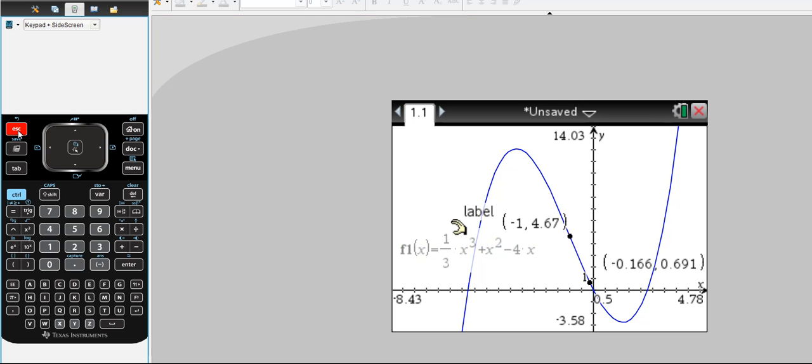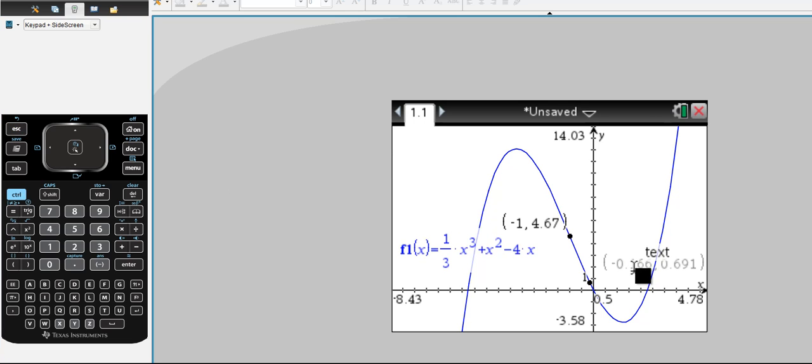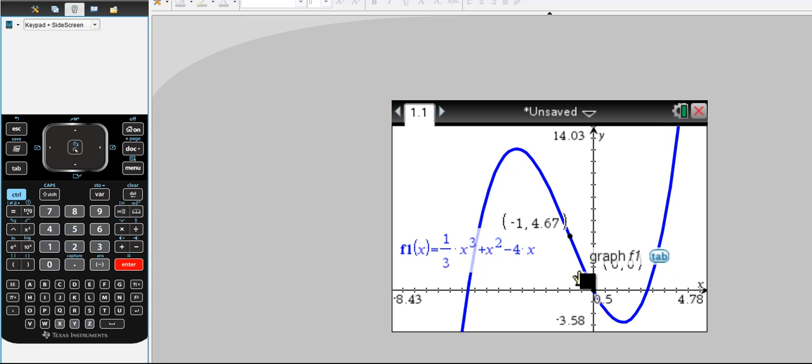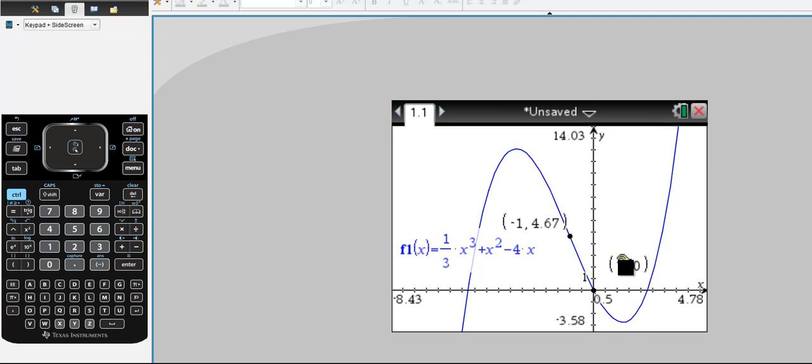If it doesn't work, click escape, click once, click twice, and then I can delete this and say x value should be 0, and then press enter, and it will move the point to where x is equal to 0.